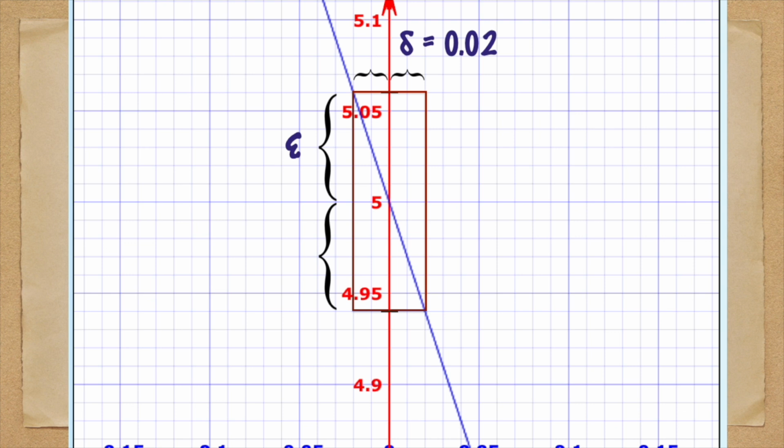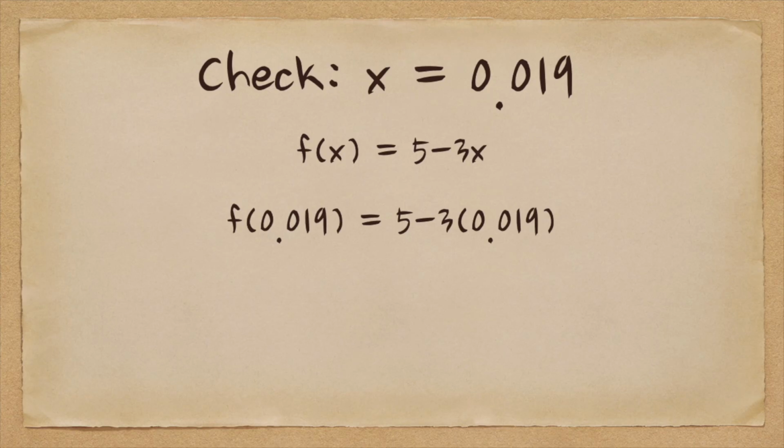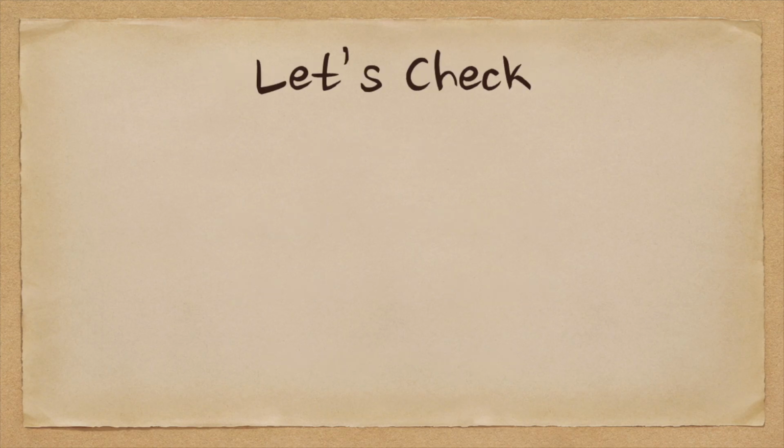So let's check something really close to the edge. Let's try x equals 0.019. Just put 0.019 into the function, multiply by 3, take that from 5, and we get 4.943. So the function value at 0.019, just within our delta, is 4.943.